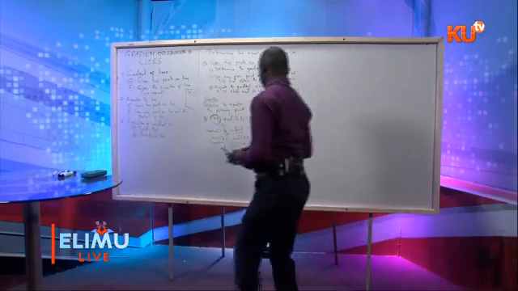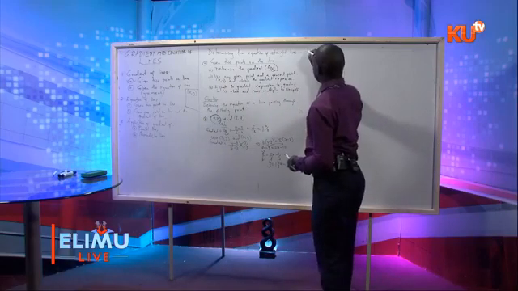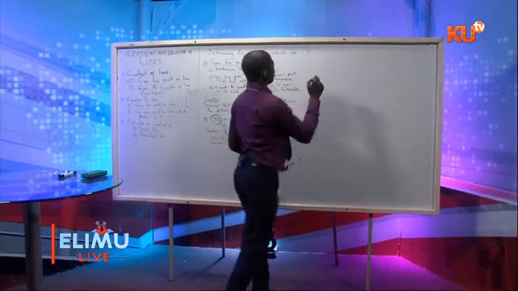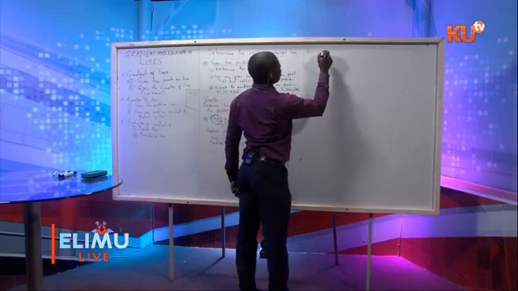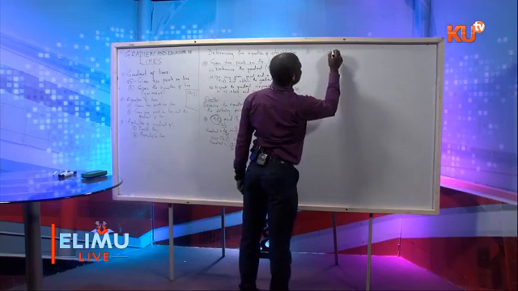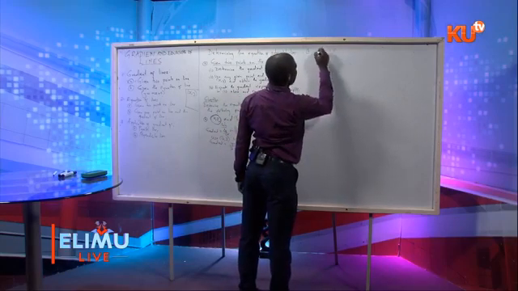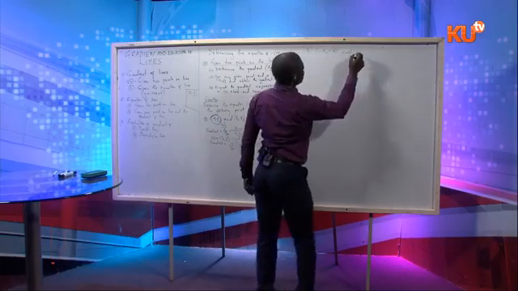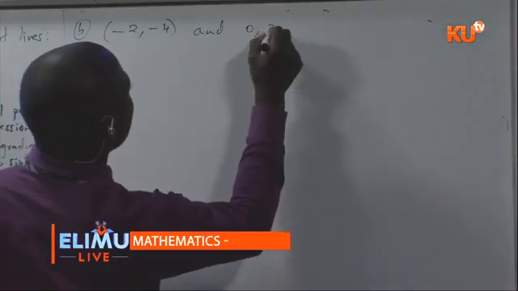And we have this case. We have negative 2, negative 4 and the point 0, 3.